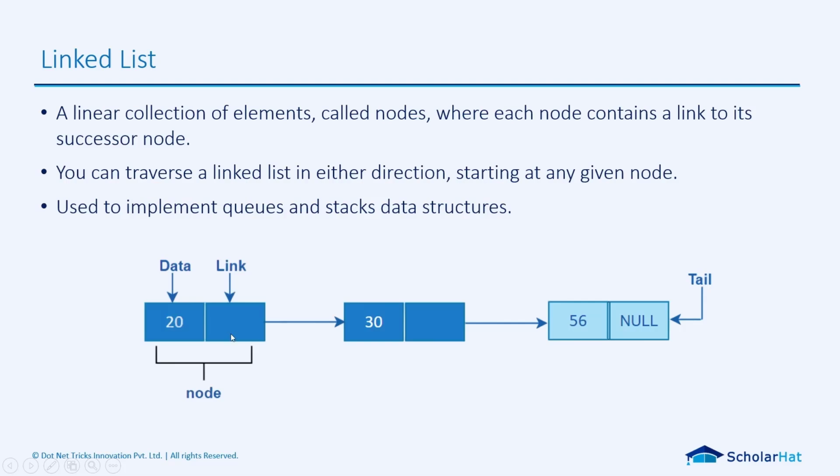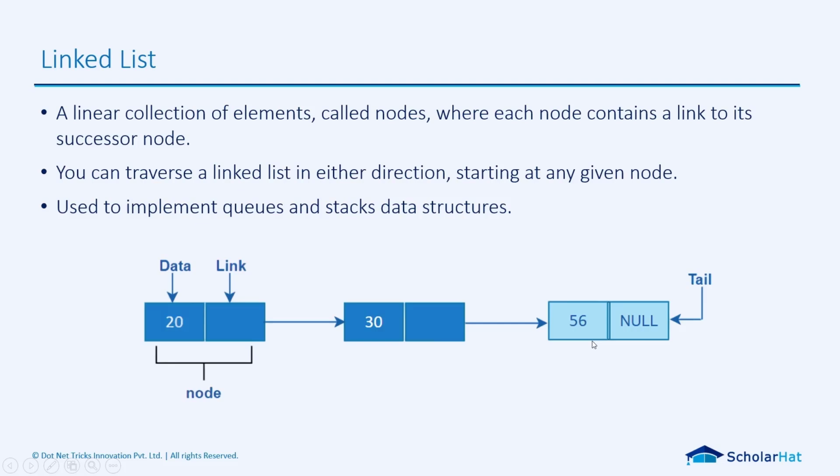Now this is the 30 node, 30 is the data, and this is the link or reference of 56. The last node is going to have null, so its next, that is the reference, is going to be null. That is also called the tail of the linked list, and the first one is called the head of the linked list. We're going to see each and every operation, and at that time you'll understand better.